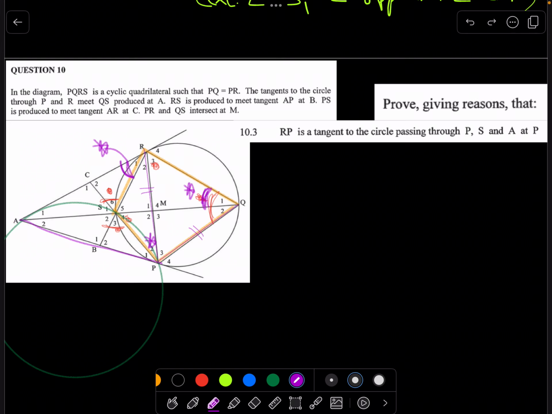Okay, so we do know from the previous proof that this is dot, right? And so this angle here will also be dot because these sides are equal, right? Tangents that meet at a common point.